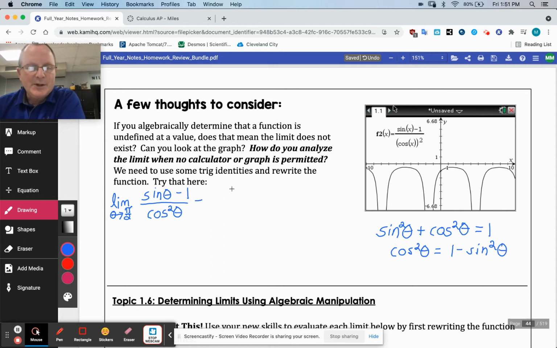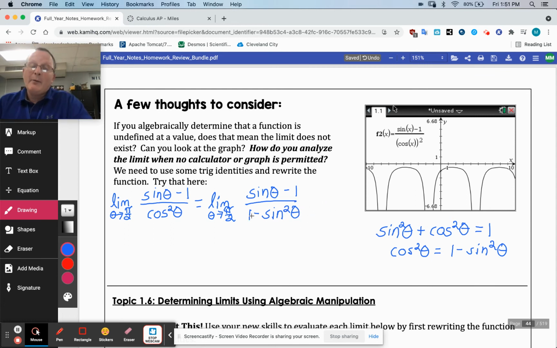So here we go. This is equal to the limit as theta approaches pi over 2 of the numerator just like it was, and the denominator now is something that's going to factor: 1 minus sine squared theta, which is the difference of two squares.